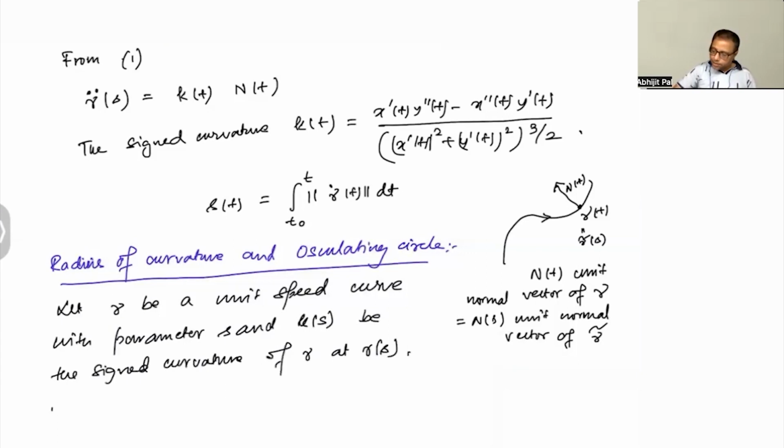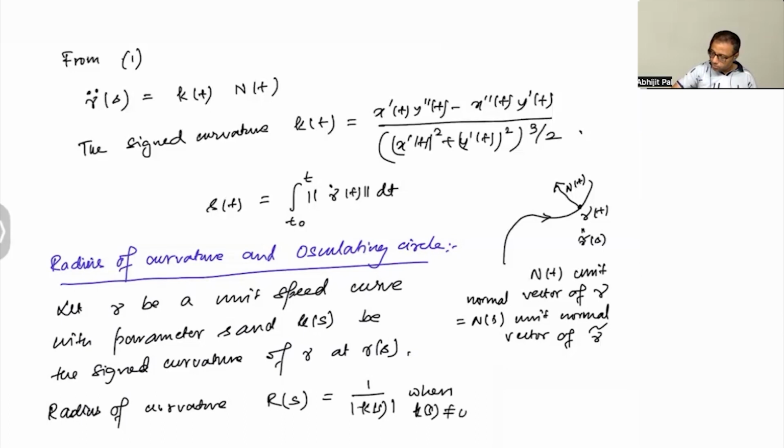Okay, so radius of curvature is denoted by r, so rs is equal to 1 by mod of ks, when this ks is not equal to 0.